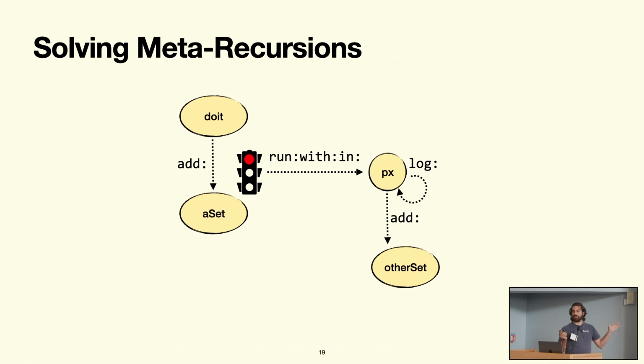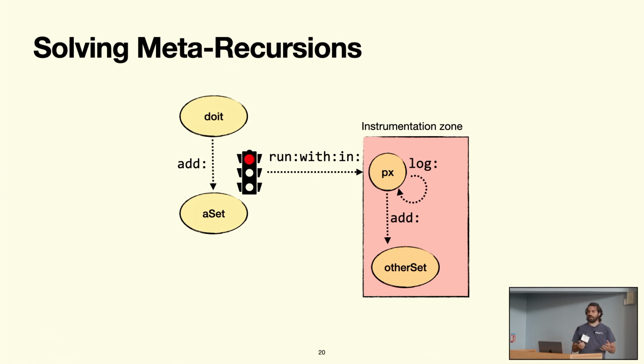One way is to understand that when we jump from the run within to the proxy, we're actually in a different kind of place. This is the instrumentation zone, and inside the instrumentation zone we don't want recursive instrumentation. What we want is that every message add to a set inside the instrumentation zone just passes by and gets executed normally.